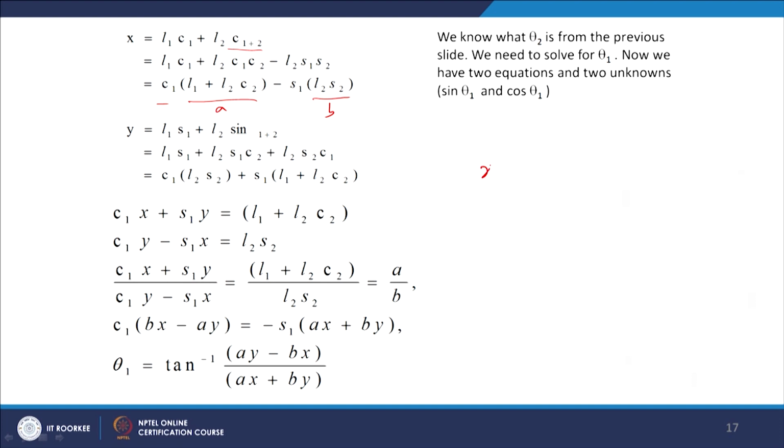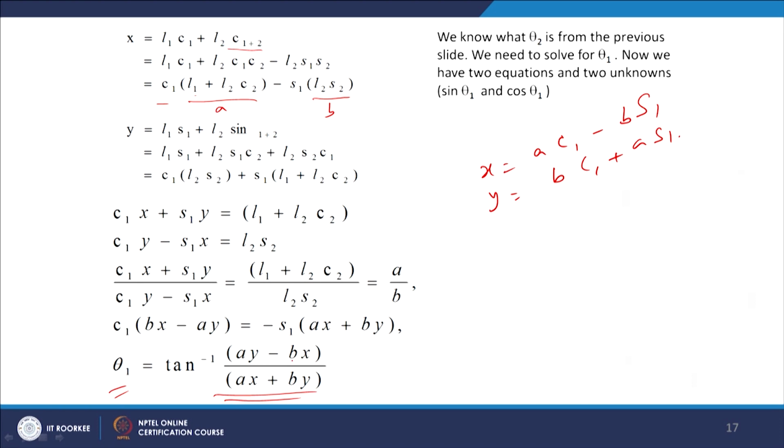So, x is equal to A cos theta 1 minus B sin theta 1. Similarly, y is equal to B cos theta 1 plus A sin theta 1, where A and B are these brackets, known to us. Using this we can easily calculate by following this step, and we get theta 1 as tan inverse of this quantity.